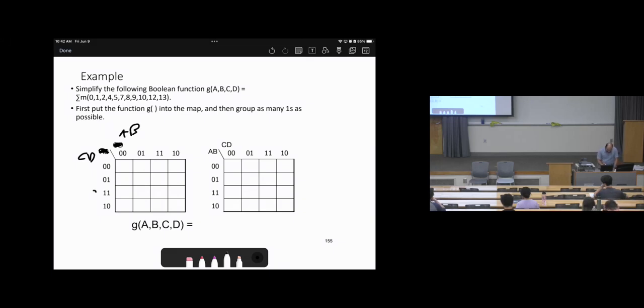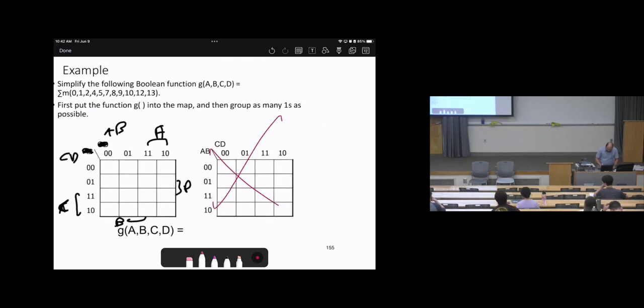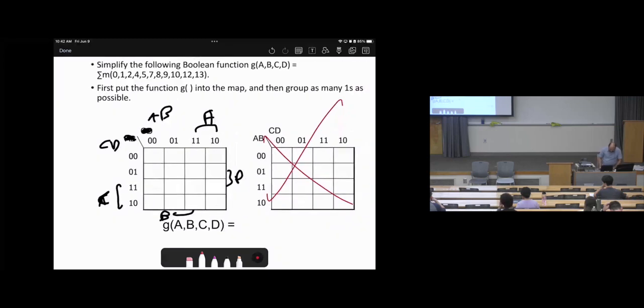I'm sorry, here is C, here is D, here is A, here is B. Then the next step: write the numbers in the corner. 0, 1, 2, 3, 4, 5, 6, 7.